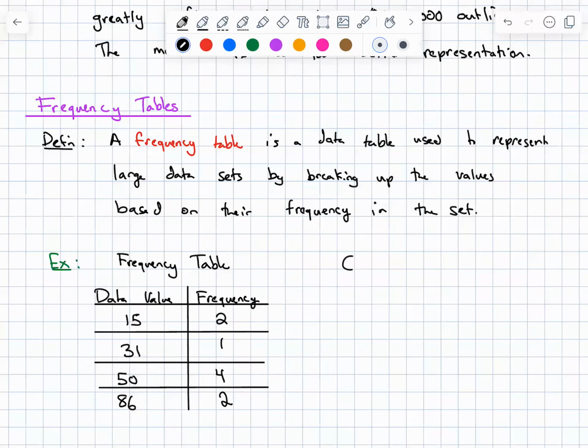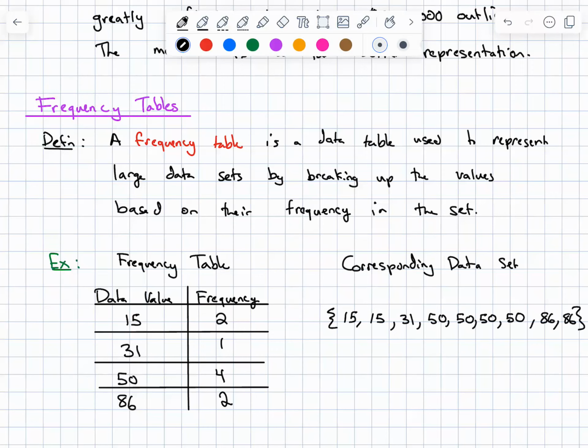So the corresponding data set is 15, 15, because there's a frequency of 2 for the 15s, 31, 50, 50, 50, 50, because the frequency of 50 is 4, and then 2 86s. That's how you break down a frequency table.